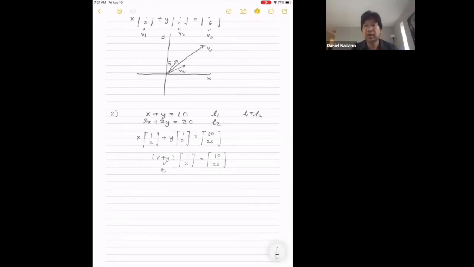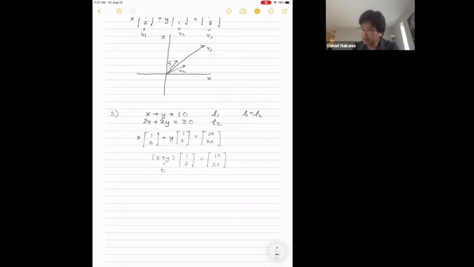Notice that I can make t equal to 10, and then I get a solution.